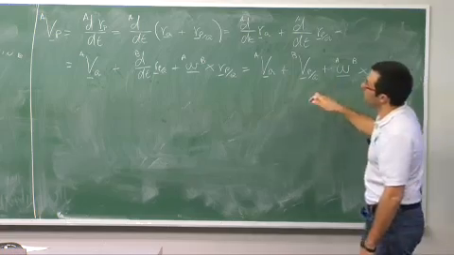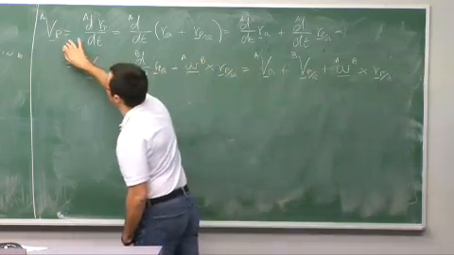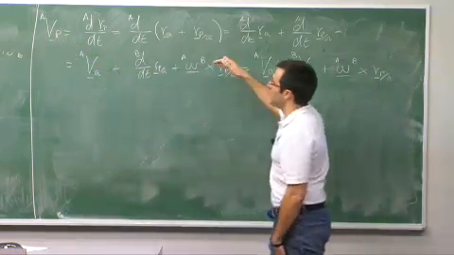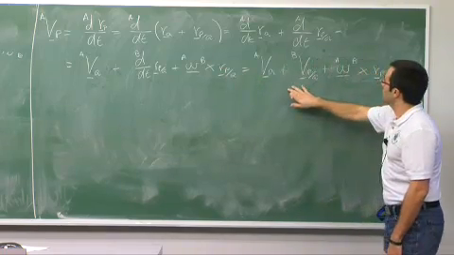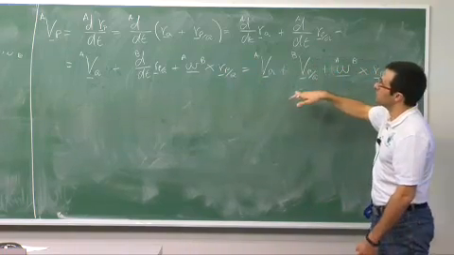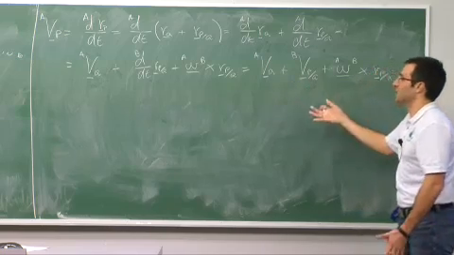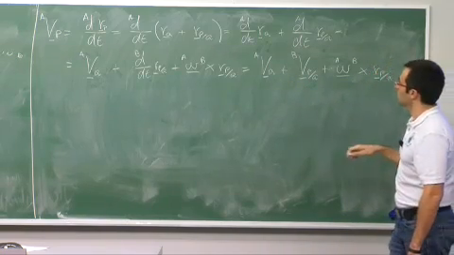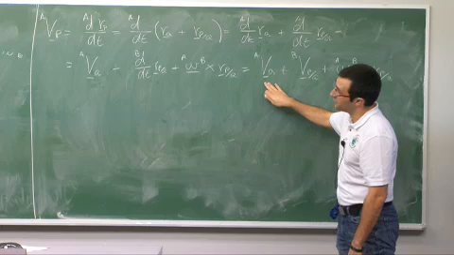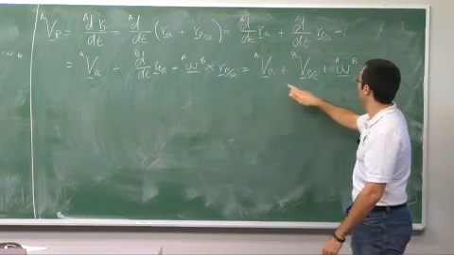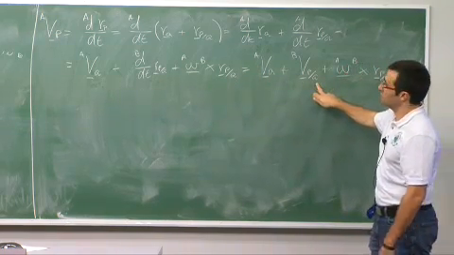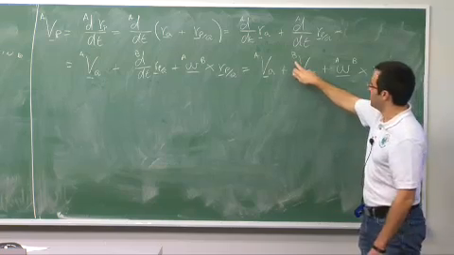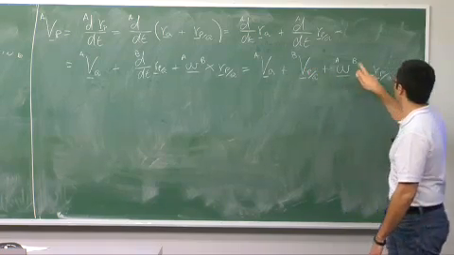This is how you compute the velocity of P as seen by an observer in A when you have another observer in B, which is a frame roto-translating with respect to A. You will have to know the velocity of the origin of that frame as seen by the observer in A, the velocity of P with respect to the origin of the B frame as seen by an observer in that frame, plus this cross product.